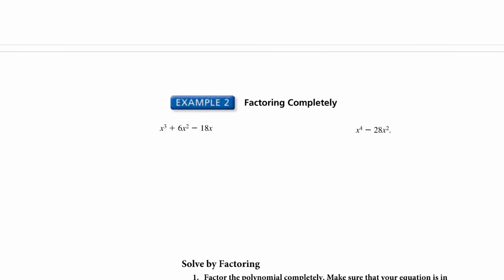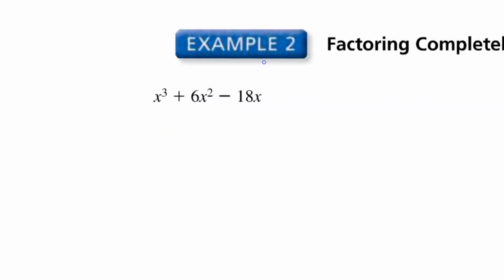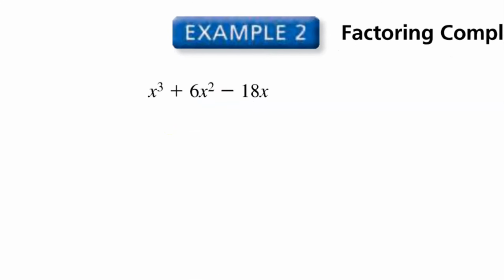When it means to factor completely, it means putting together all of the factoring strategies that we've used up to this point. And so if we look at example 2, this first example here, we've got x cubed plus 6x squared minus 18x. And the first thing I want to check for is greatest common factor. And so I look at these and they all have an x.